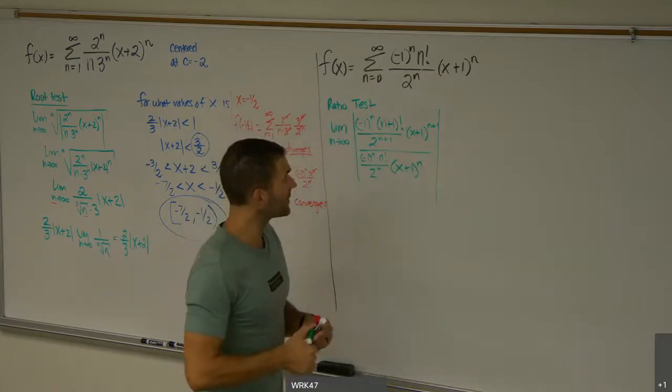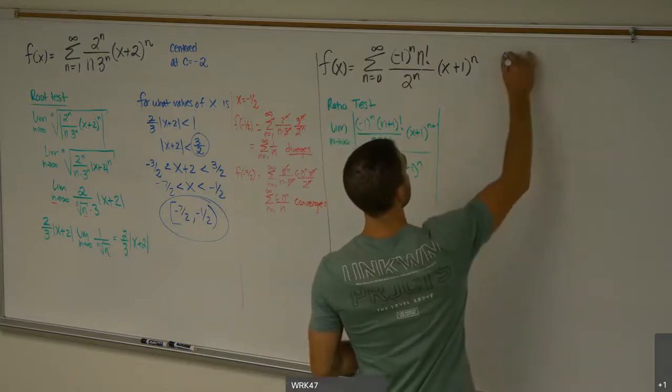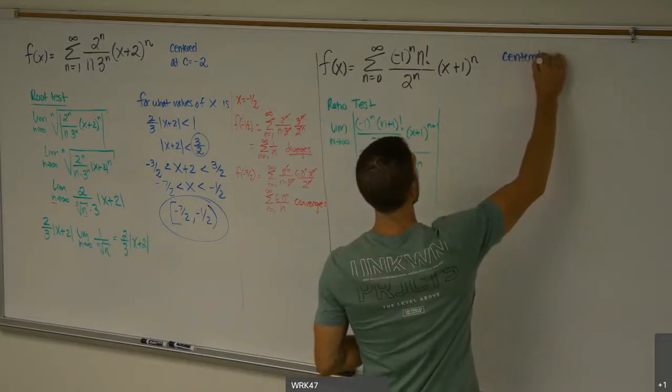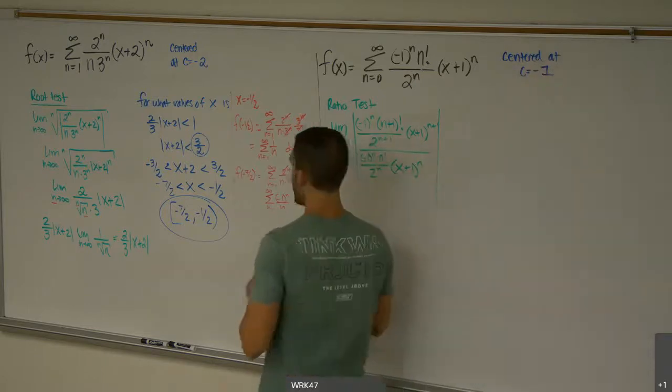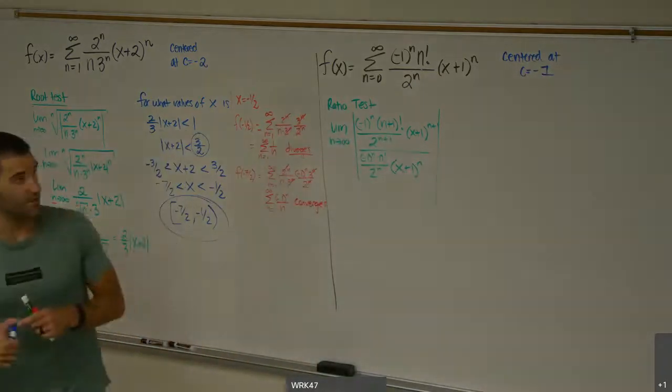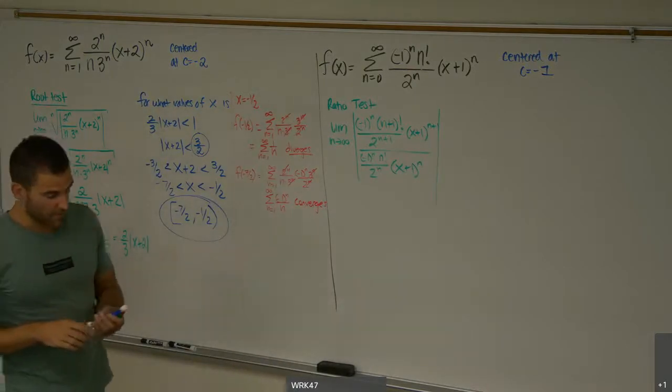Where is this power series centered again? -1, so let's just write that down. That's the value of x that makes my polynomial term 0. That's what will make it converge for sure. And now let's figure out how far we can move away from -1.